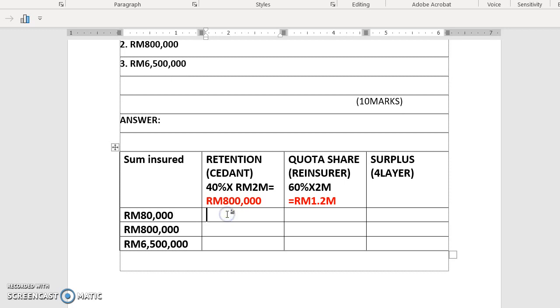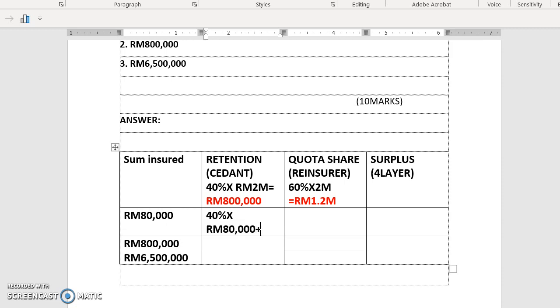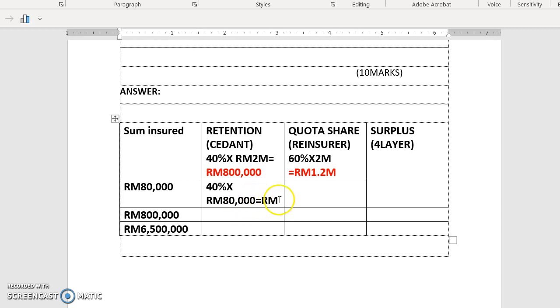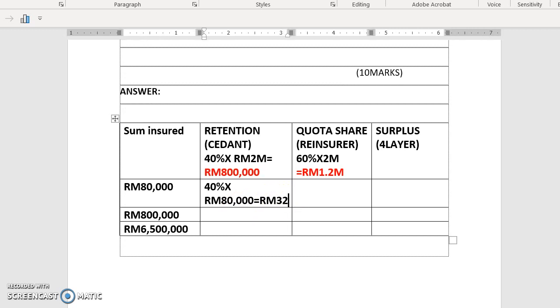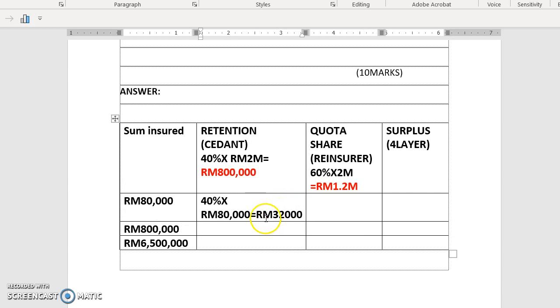So 40% times the sum insured given, which is 80,000, and you will get 32,000. This is the amount that will be paid by the ceding company.